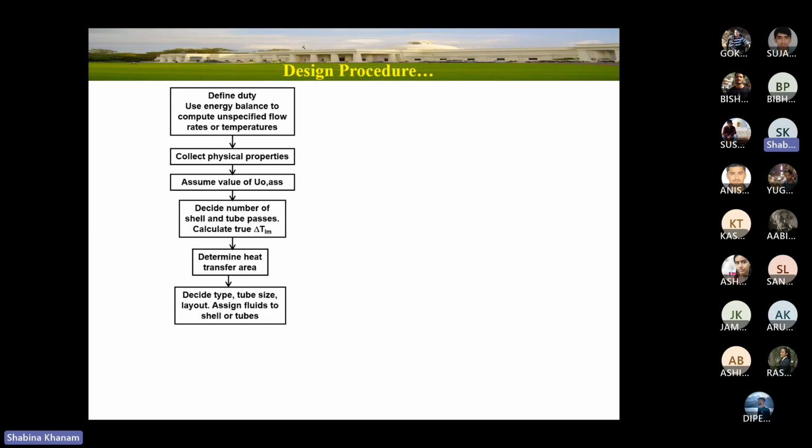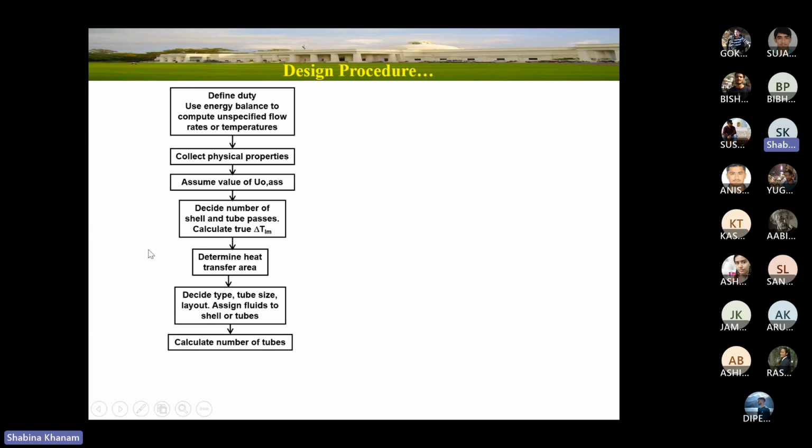Layout means the tube arrangement, either triangular, square, whatever. Assign fluids to shell or tube side, which we have already discussed in the last class.